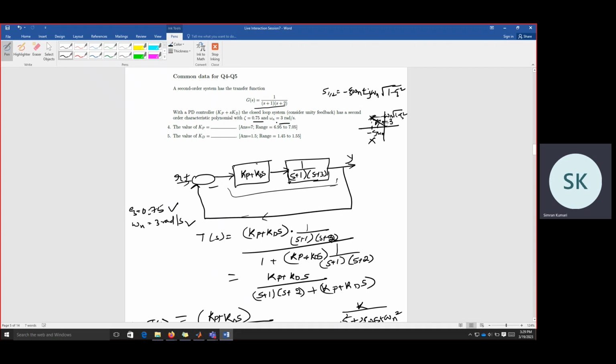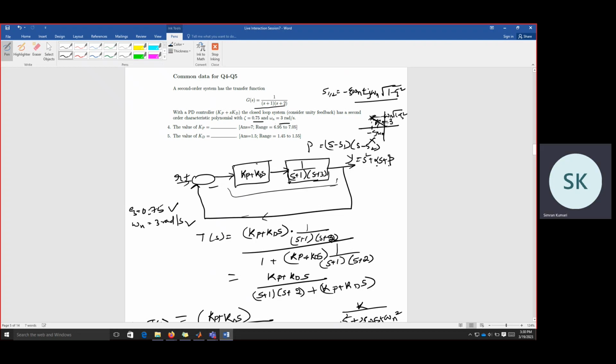We have zeta and omega n. We'll find the roots, and once we find the roots, we'll say what is the polynomial corresponding to the roots. So that will be (s minus s1) into (s minus s2), if s1 and s2 are the roots. From there we'll get some s square plus alpha s plus beta.